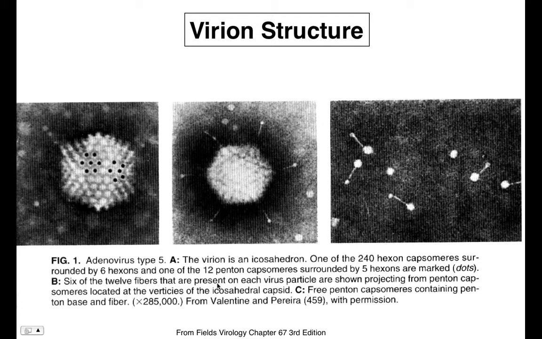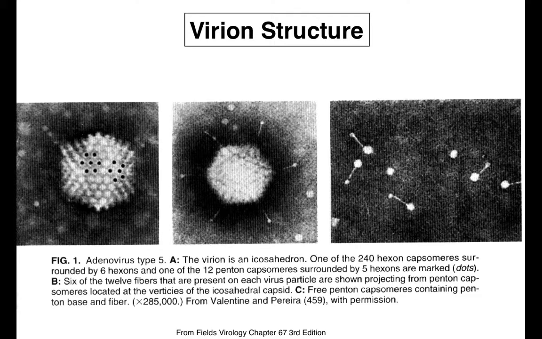So this virion has an icosahedral structure, like we said. There's 240 hexon capsomeres that will have 6 hexons, and then 1 of 12 penton capsomeres are surrounded by 5 hexons. So this is the pentamere, or the penton that's got 5 hexons around it.